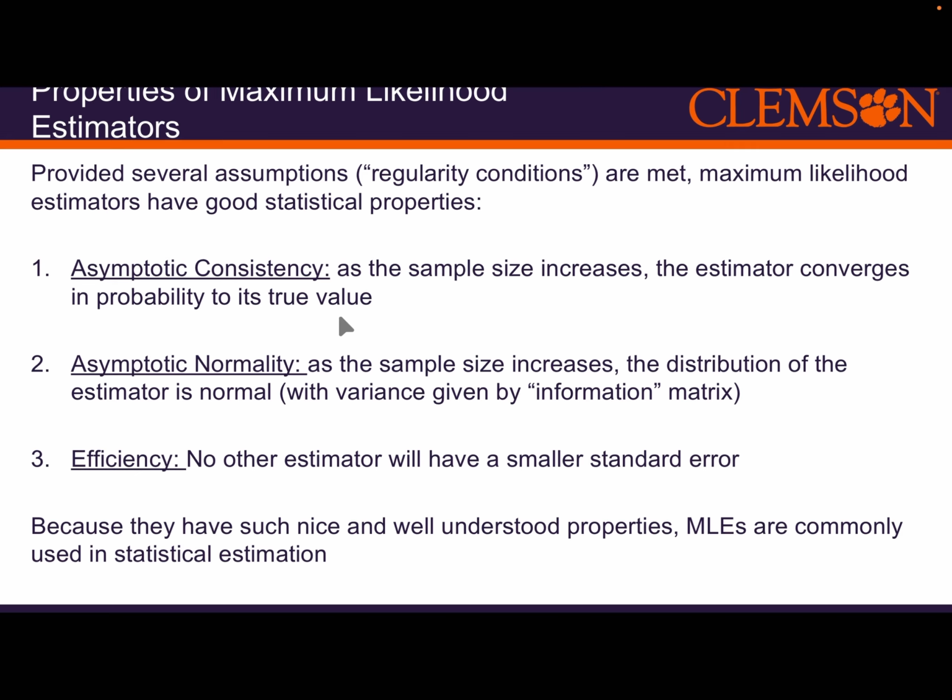So that's a complicated jargony sentence. Let's unpack that for a bit. So as sample size increases, so you may hear this in the world of statistics, as n goes to infinity. This also gives rise to the idea of frequentist statistics. Basically, in the limit, what is the behavior of our estimator is what we're talking about.